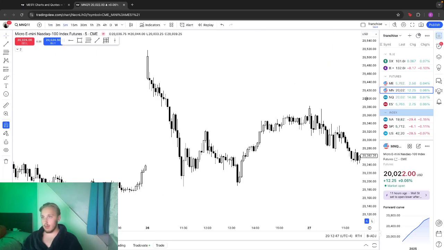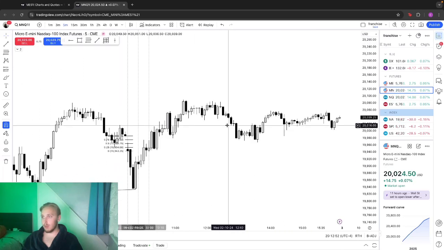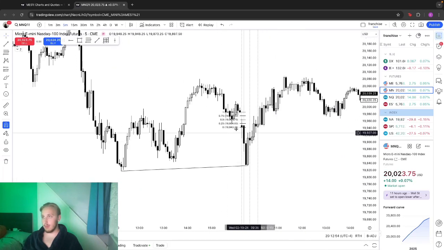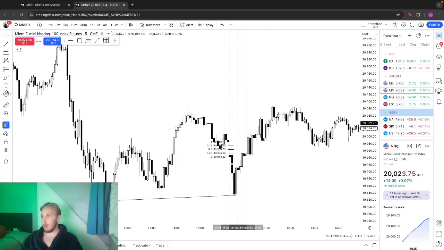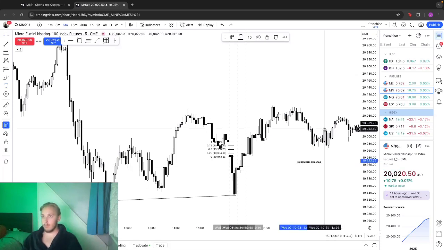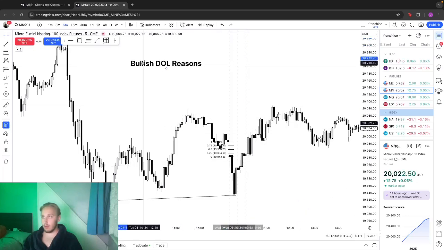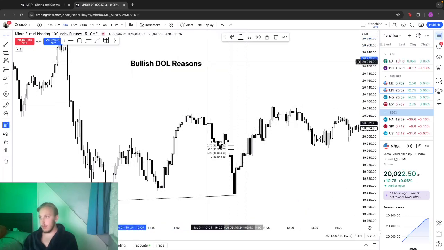We go on to the 5 minute chart. So our draw on liquidity now is buy side. Reason being, our reasons being ES took sell side, NQ didn't.